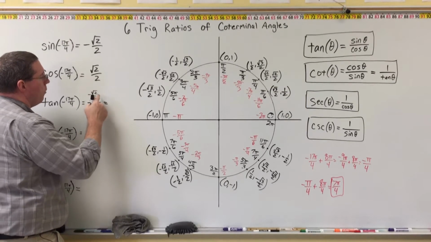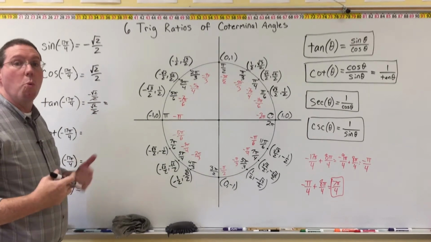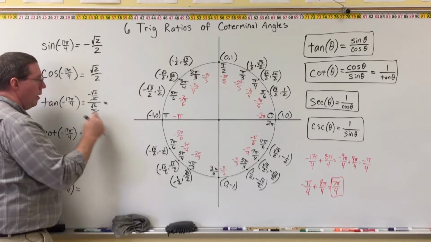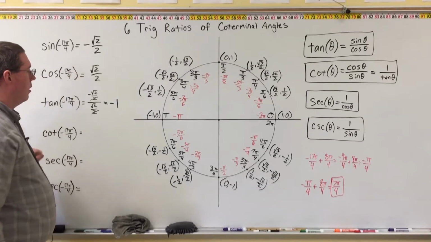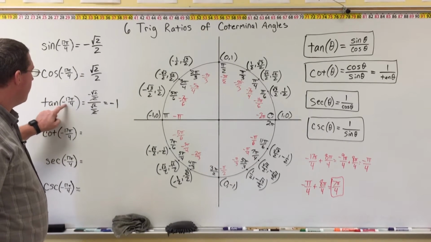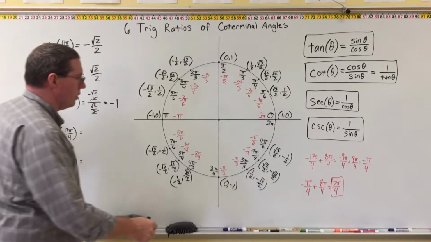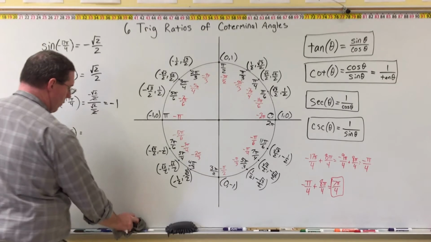And we know that when we have the same number in the numerator and denominator, the answer is 1, right? Square root of 2 divided by square root of 2 is 1. It's also negative. So our answer here is negative 1. So tangent of negative 17 pi over 4 is the exact same thing as tangent of 7 pi over 4, which is negative 1. Okay?